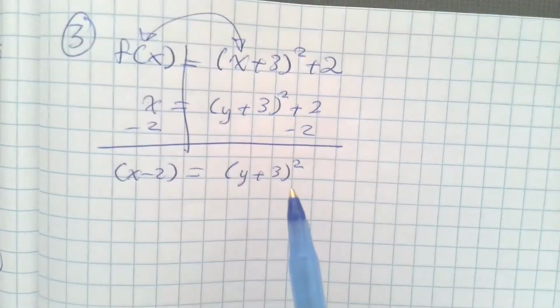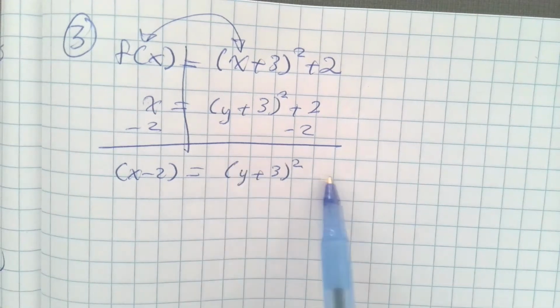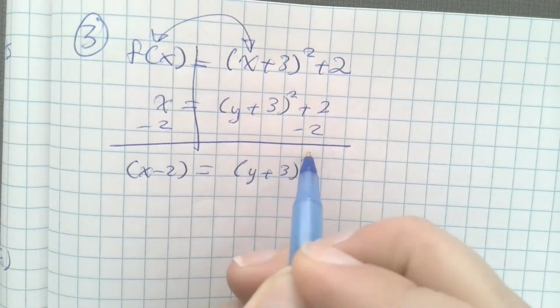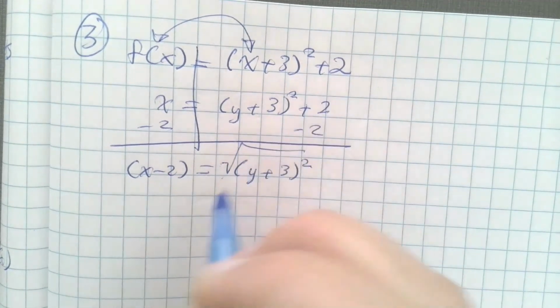Jamarian, do you know how we get rid of a square? How do we cross out a square? I think you're saying square root, and that's right.